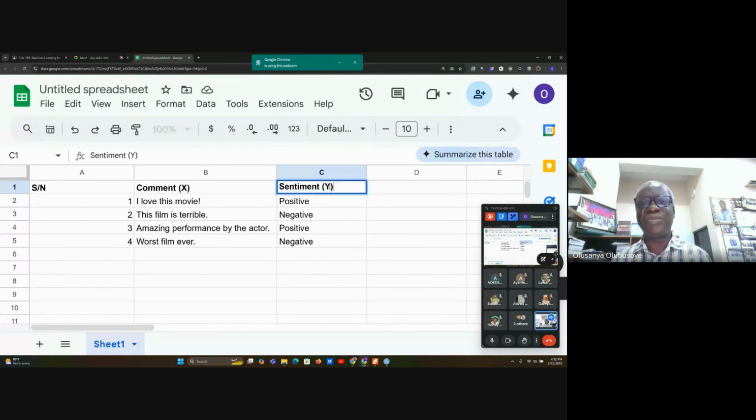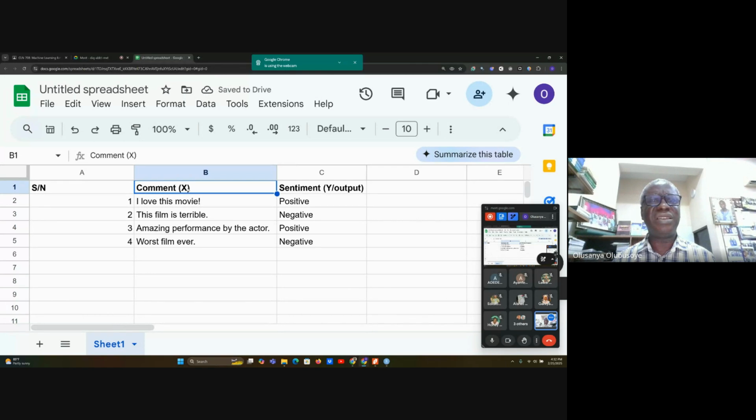So we can also call this the output. Then the comment, we call it the input.